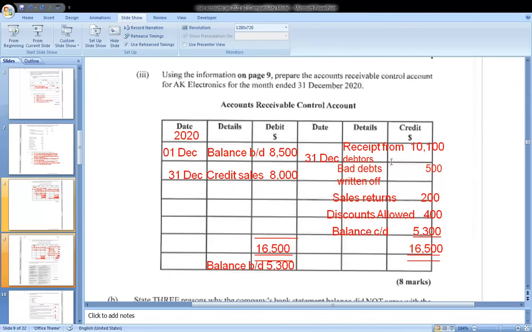Then on the 31st, our credit side details: receipts from debtors 10,100, bad debts written off 500, sales returns 200, discounts allowed 400, and the balance. The total is 16,500, so when we deduct the credit side from the debit side, the difference is 5,300, and that is our balance brought down to the first of the month, 5,300. So that's 8 marks.